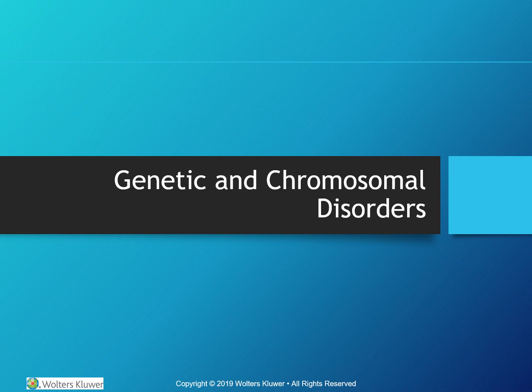We have Fragile X syndrome, and then we have things that can also be multifactorial. So let's just start off with talking about some of the causes of the genetic and chromosomal disorders.